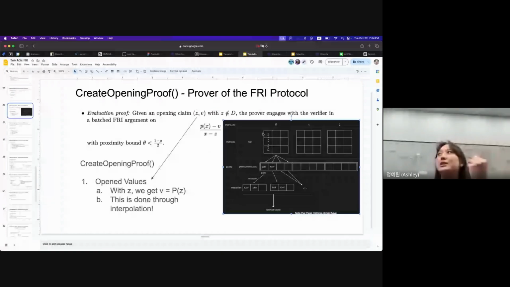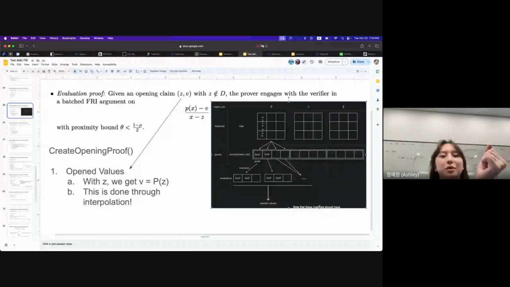And this we do through interpolation. The way the polynomials are inputted is as a vector of matrices. This would be one polynomial, and it's a vector of these different ones. They should be different degrees, so different numbers of rows, but I didn't put that there.